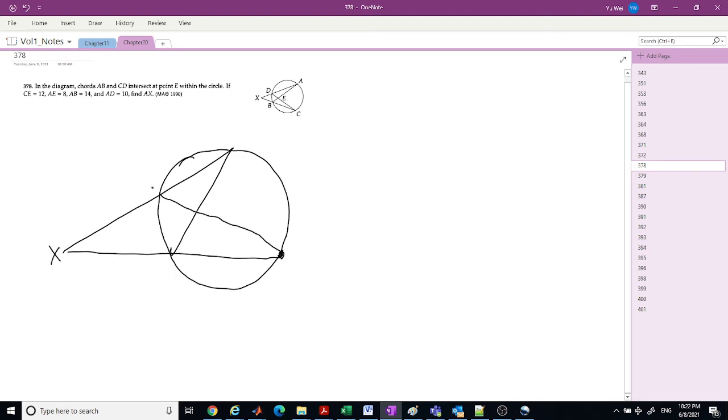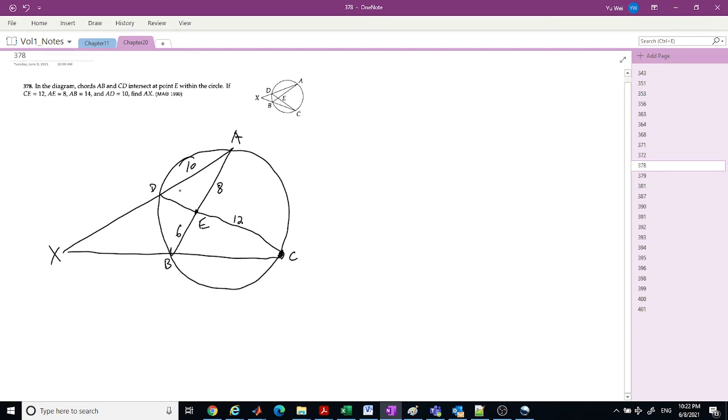So X, D, B, A, C, and E. Okay, so CE is equal to 12, AE equals 8, and AB is 14. So AB is 14 means this one is 6, and AD is 10.